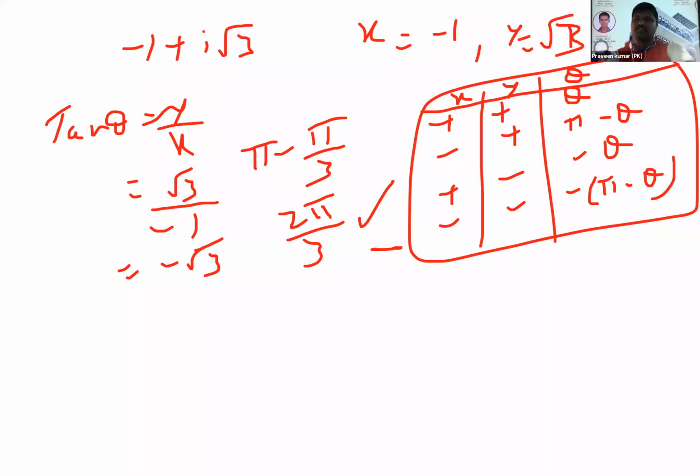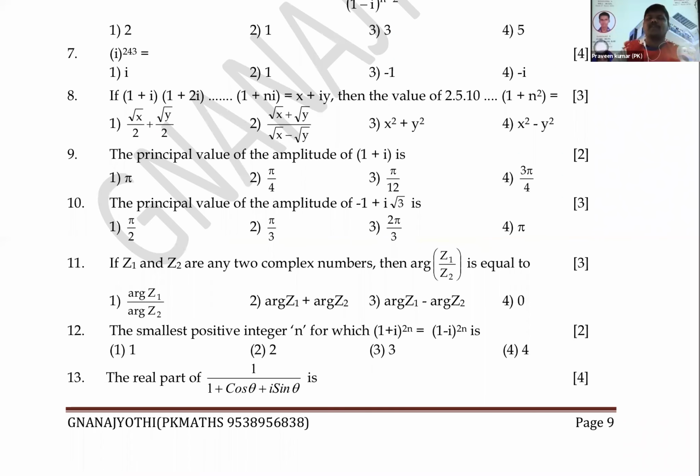Complete. Can I move to the next question? What is the next question? They gave the 11th one, argument of Z1 by Z2. Don't go with complicated concepts like tan inverse.